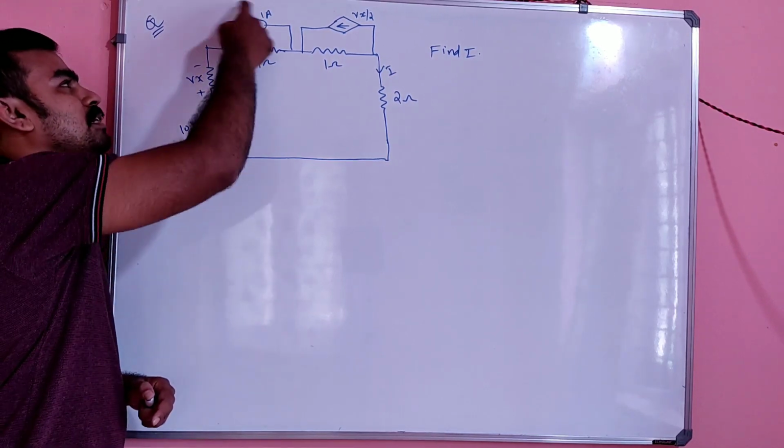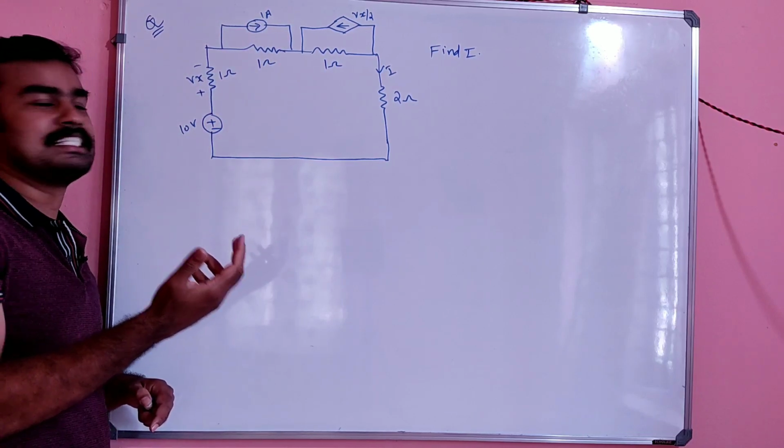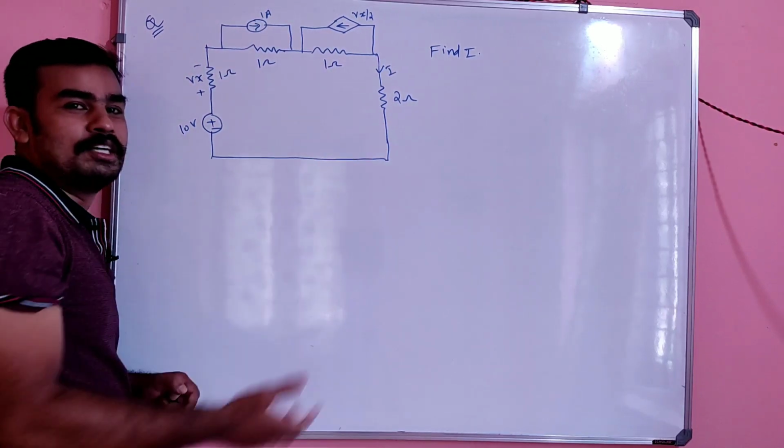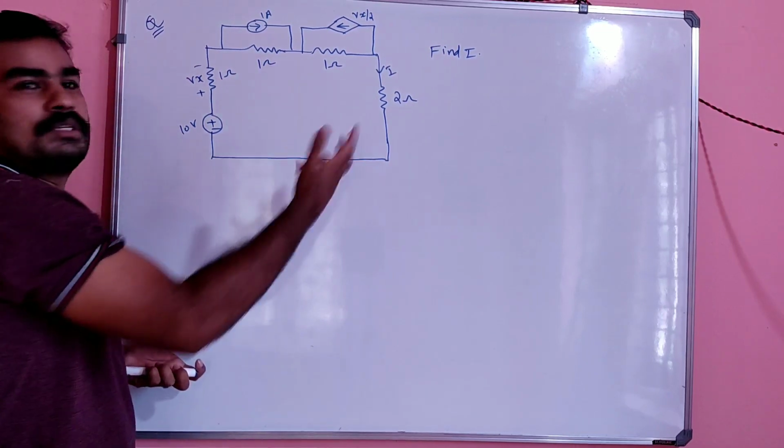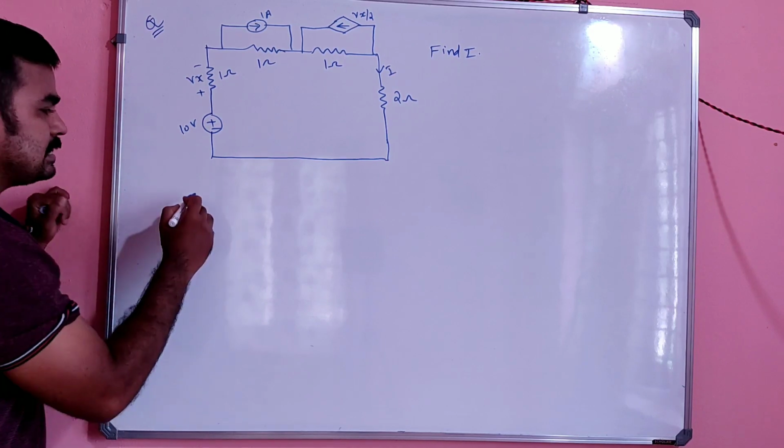Okay, so let's convert this current source in parallel with a resistance into a voltage source in series with the same resistor, using the source transformation technique.